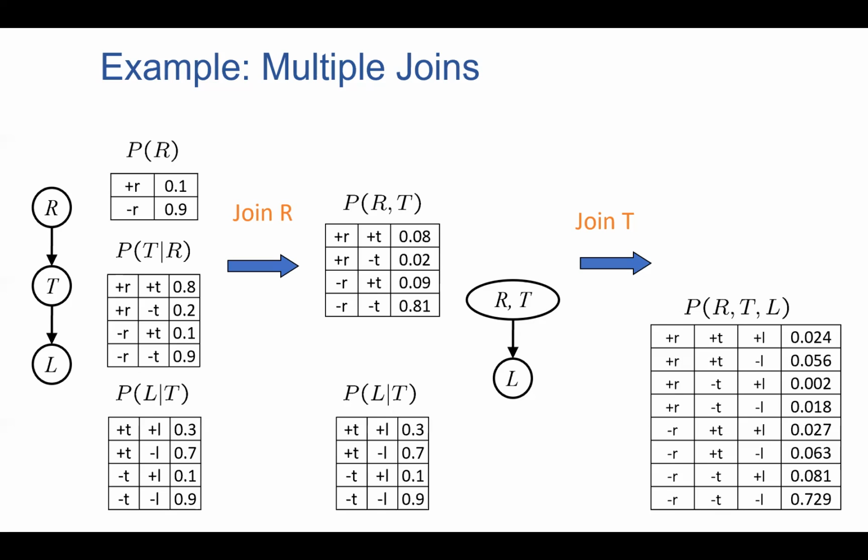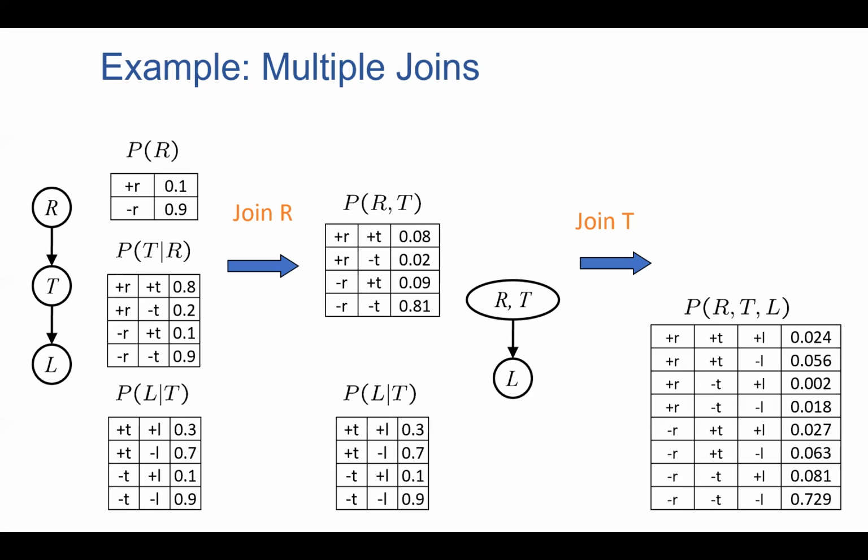Then the second row, plus R plus T minus L, which is once again plus R plus T, which is 0.08, and then plus T minus L, which is this one, 0.08 times 0.7, which is 0.056. We just multiply them together. Once we have that, we have the bigger joint distribution table.